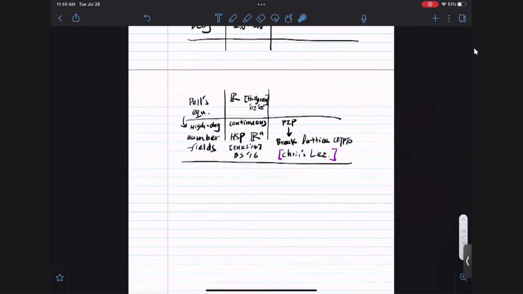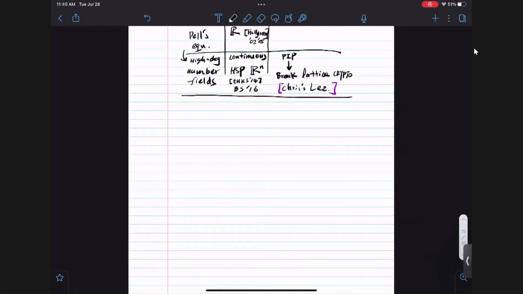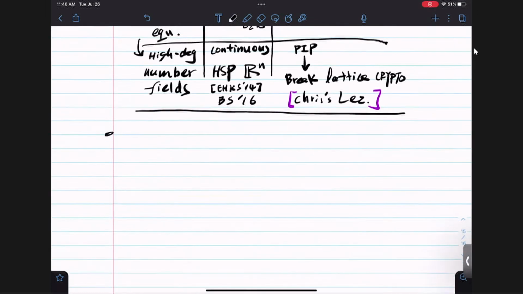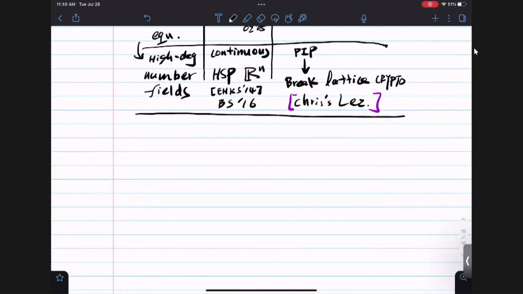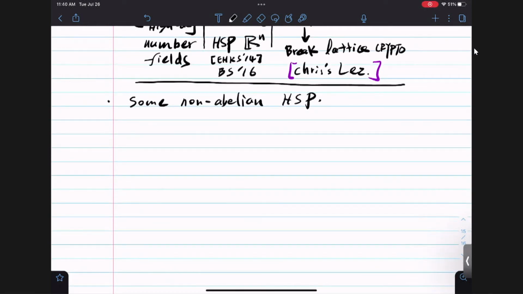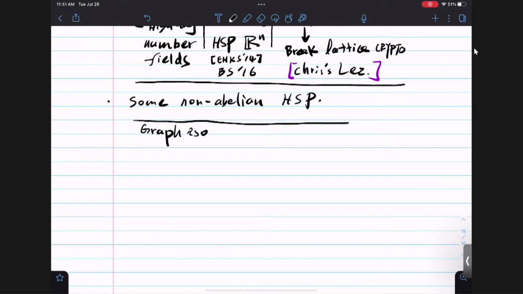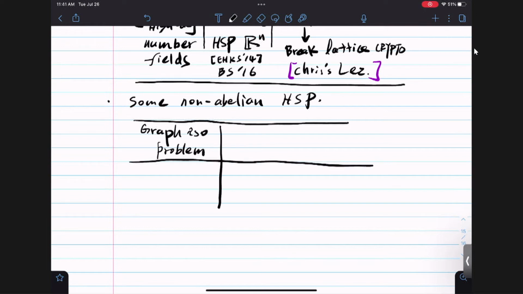We can also think about non-abelian groups and define a hidden subgroup problem on them. Okay, for example, the famous graph isomorphism problem can be reduced to a HSP problem over the symmetric group.